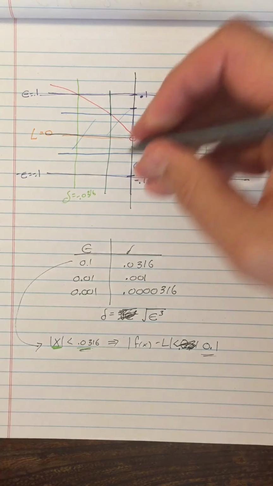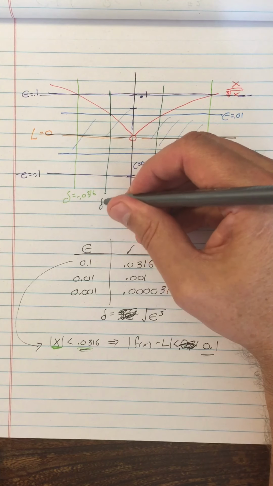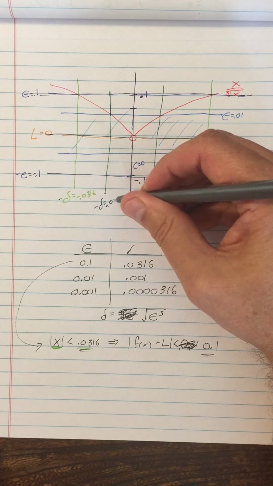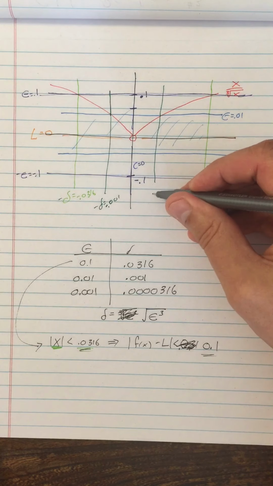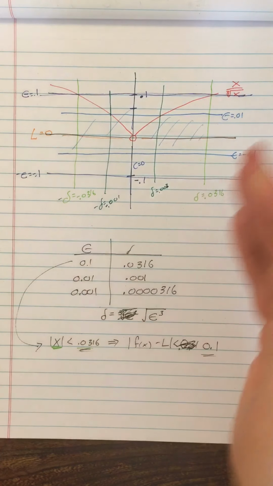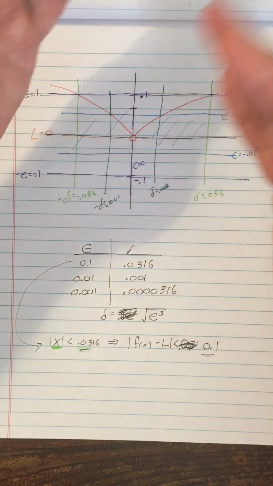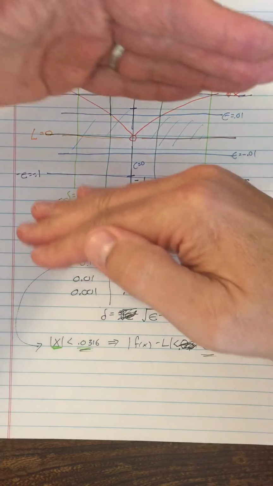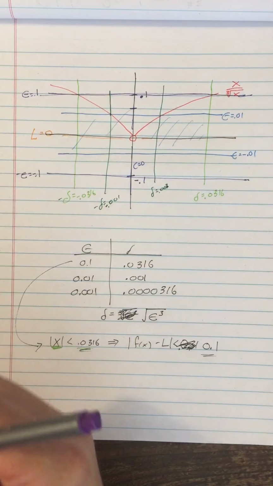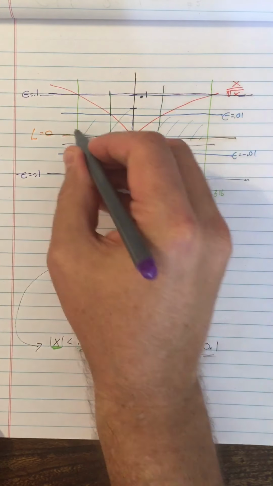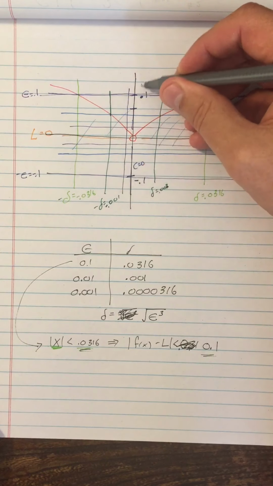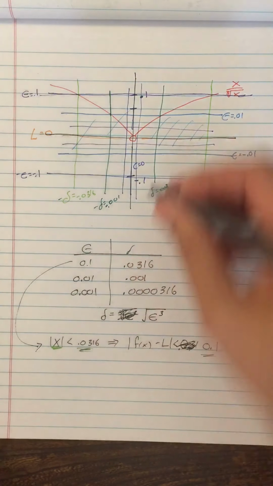Now I've taken a smaller delta band. This is negative delta over here, 0.001, and this is delta equals positive 0.001. So the idea is big epsilon band, big delta, smaller epsilon band, smaller delta, even smaller epsilon band, even smaller delta.